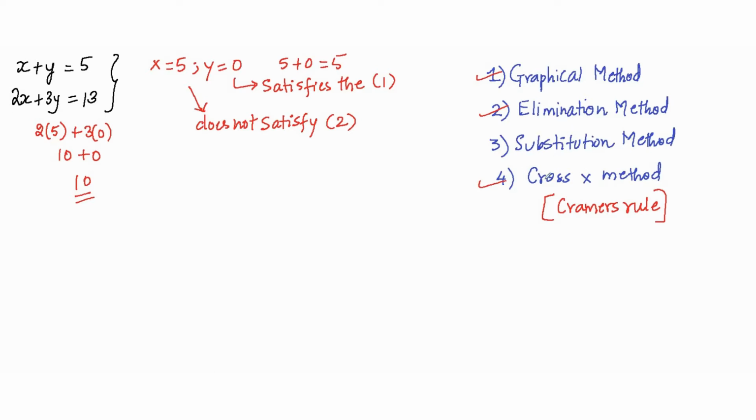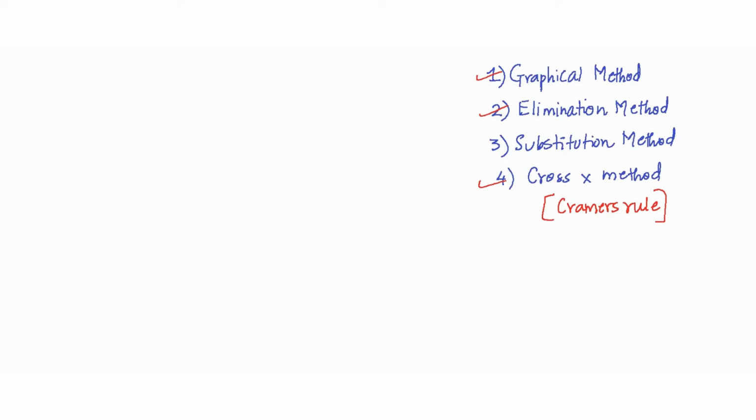So let us now turn our attention to the graphical method. What we do in the graphical method is we plot the graph of the two equations. So for example, say I'm supposed to solve x plus 2y equal to 7, and x minus y equal to minus 2.